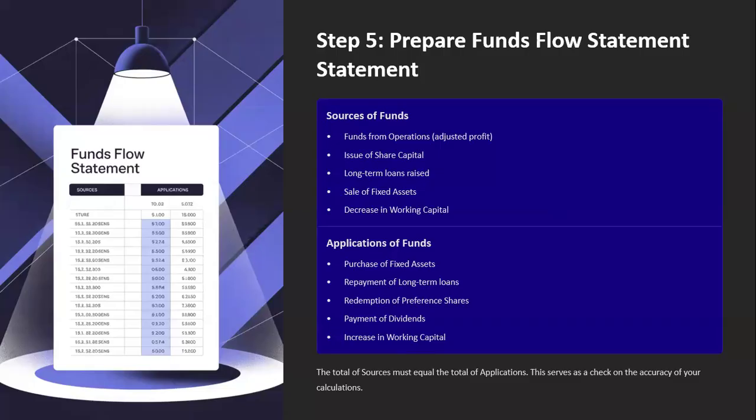It can be purchase of fixed assets, repayment of loan, reduction of any capital, payment of dividend, payment of taxes, and so on. Whatever payments I have done, because of which funds are going out, are application of funds. And whatever the reasons I'm getting funds, cash or non-cash, it is a source of funds.